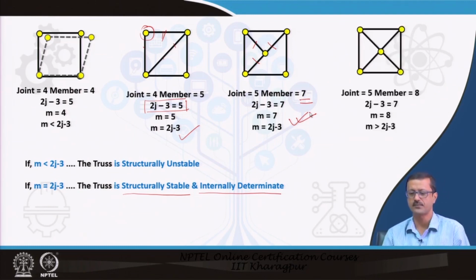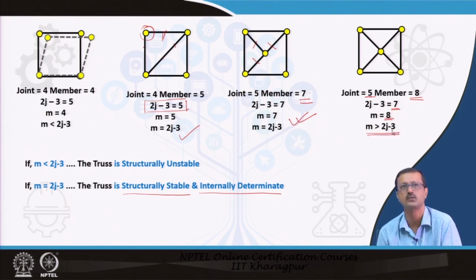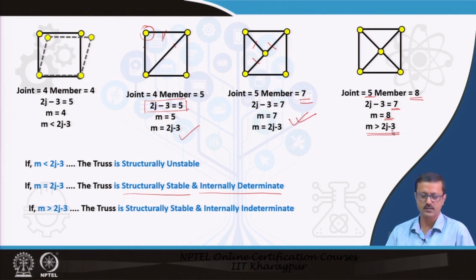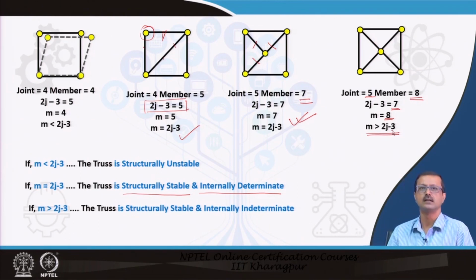But if I have this kind of a pattern where joints are 5 and the total number of members is 8, then 2j minus 3 is 7, but members are 8. So, now the relation is m is greater than 2j minus 3. So, the truss is statically stable, but internally indeterminate.